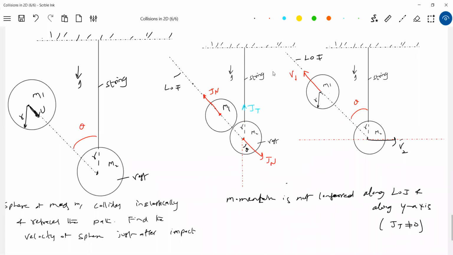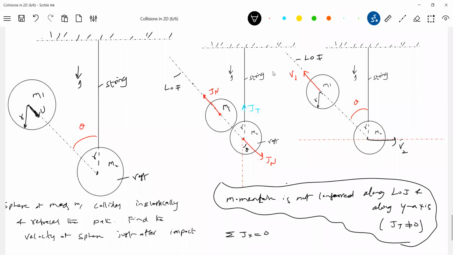So the net impulse along the x-axis is in fact 0. Along the line of impact, the component of impulse JT cos theta will come, so momentum is not conserved. JT cos theta is unbalanced. So momentum is not conserved along the line of impact and along the y-axis.